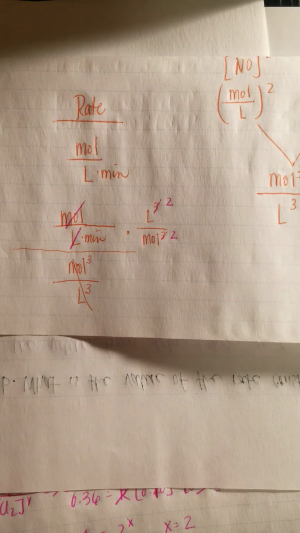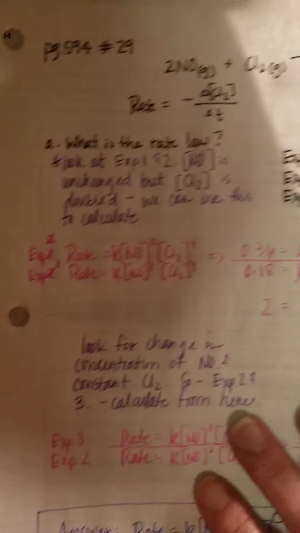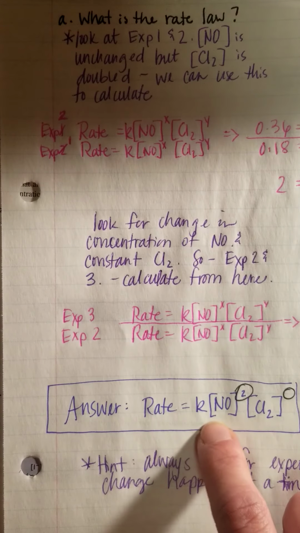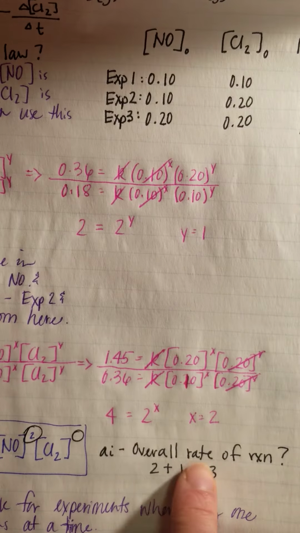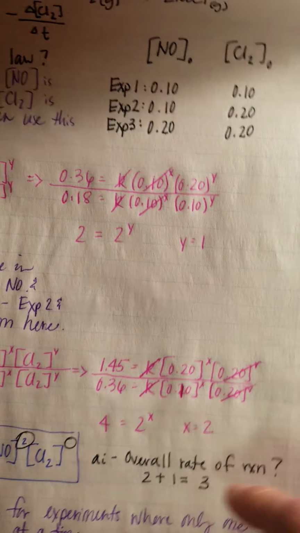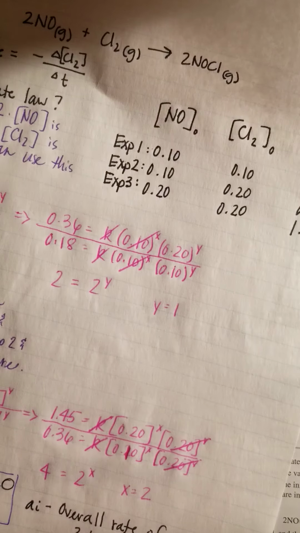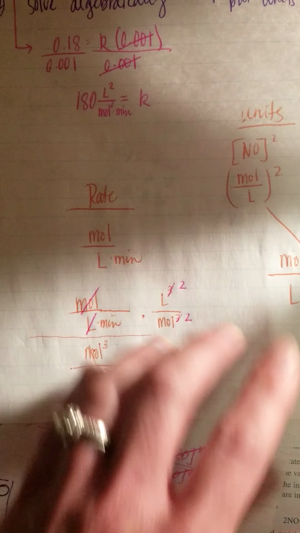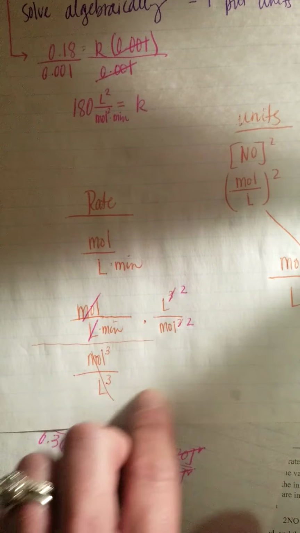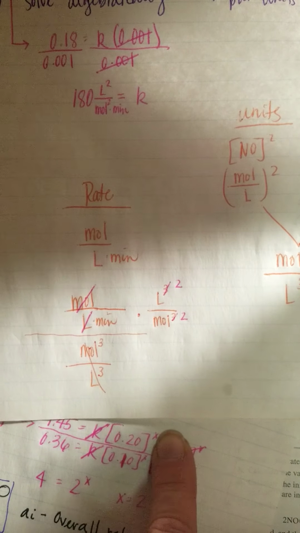I have seen several questions where it has you write your rate law like this, and then they'll say, what's your overall rate? And you're like, okay, no big deal. And then at the very end, what are your units for your rate? This essentially is all they're wanting you to do, to be able to multiply by your reciprocal and take all of those things and put them in for your rate.